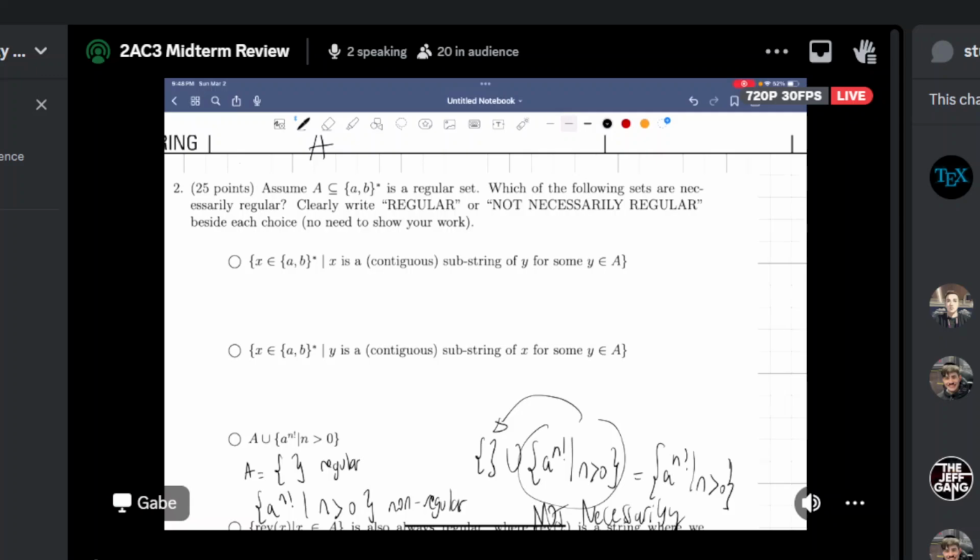Okay, their definitions seem similar. X is a contiguous substring of Y for some Y that was in the regular set. So this is just the set of all possible substrings of any string in A. If you want to visualize an NFA, you could just set every state to be accepted.